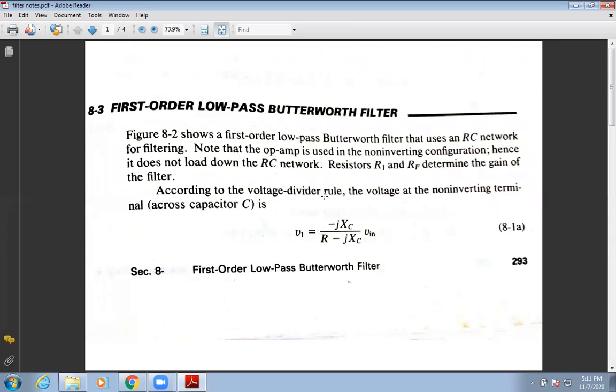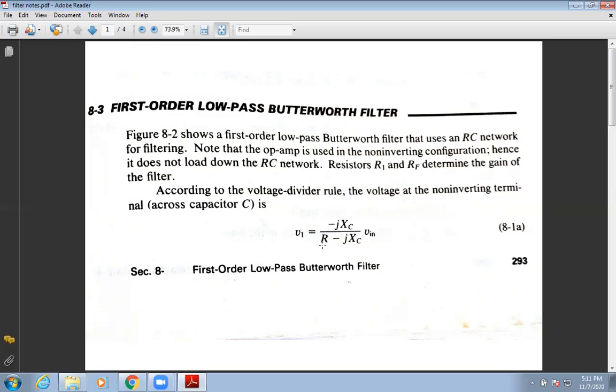According to the voltage divider rule, the voltage at the non-inverting terminal, that is across the capacitor C, is given by V1. This is the voltage at node V1, equal to minus j XC divided by R minus j XC, where XC is the reactance of the capacitor, into V in.